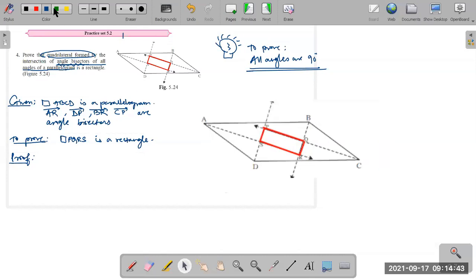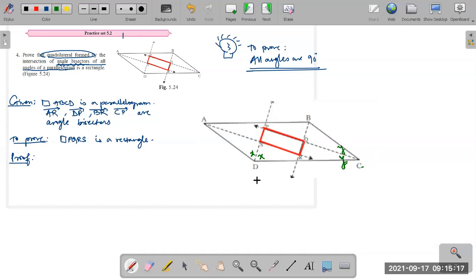We start by saying that DP is an angle bisector, so these two angles will be equal. Angle bisector means it divides the angle into two equal parts. So the angle bisector of D breaks angle D into two equal parts, and I can write X and X. Same way for C, this is the angle bisector, so these two angles will be equal. We can label them Y and Y.